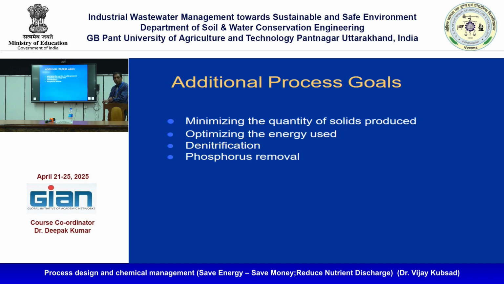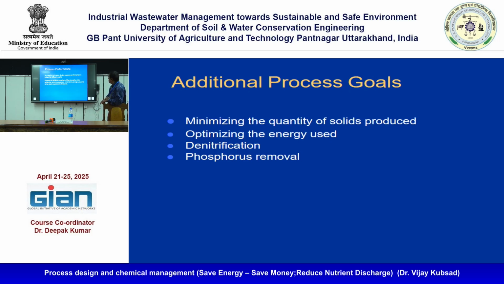Then try to reduce it at the source itself, right? Optimize the energy use. That is important, because these aerators are on for 24 hours. Even a 5% reduction makes a lot of difference. Denitrification, phosphorus, understand the process. Right?